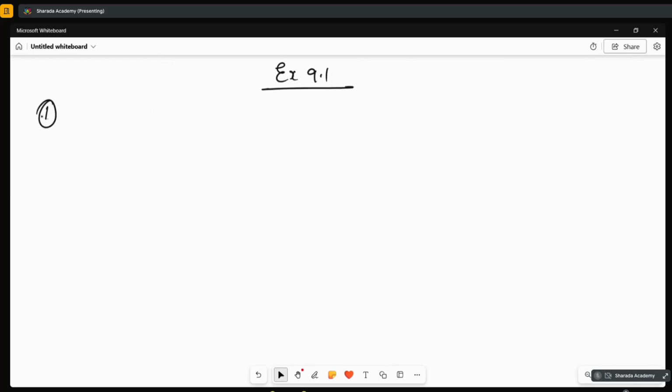First question. A circus artist is climbing a 20 meters long rope which is tightly stretched and tied from the top of a vertical pole to the ground. Find the height of the pole. So it's a pole. Pole will always be 90 degrees with the ground.